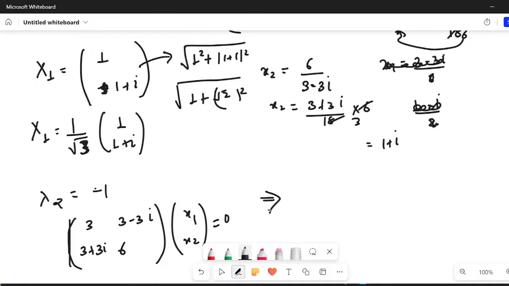And what you will get from here is 3x1 is equal to 3 iota minus 3 x2, right? Or I can write that my x1 is equal to iota minus 1 x2.